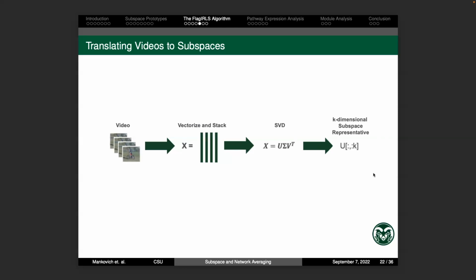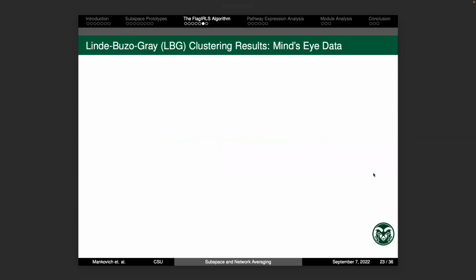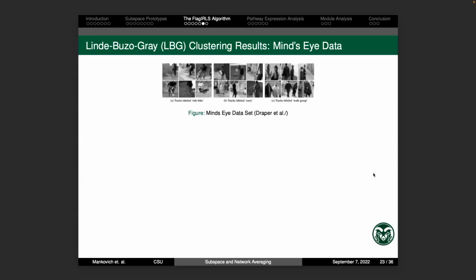Cool. So we did that, and this is, again, mildly hectic, but what we're going to do is provide some results from using these actual subspace prototypes on a computer vision data set, which is a collection of video clips centered around a person performing an action. Specifically, this data set is the Mind's Eye data set, by Draper. These are short black and white video clips centered around a person performing an action, and the action of the video clips is labeled.